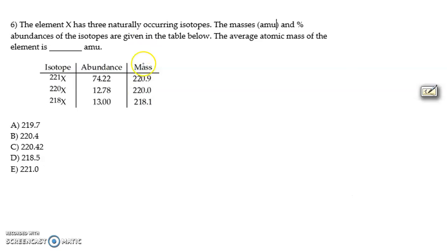According to our formula, we should use the abundance, but we have to put it in decimal form. I cannot just use 74.22, which is a percentage. So the average will be equal to 0.7422 multiplied by the atomic mass corresponding to that abundance, that is 220.9. Then I add the other one.